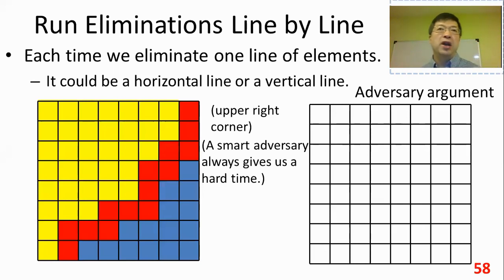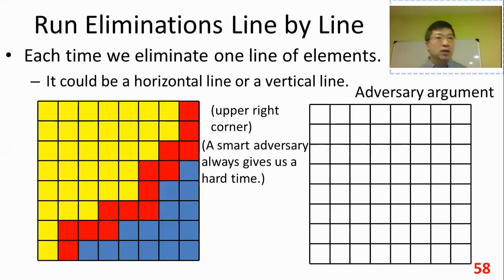You cannot just do as you want. That's not fair. So you need to find a fair way to help us reduce uncertainty. This fair way is this adversary argument. The adversary will provide us a fair way to reduce uncertainty. Why?